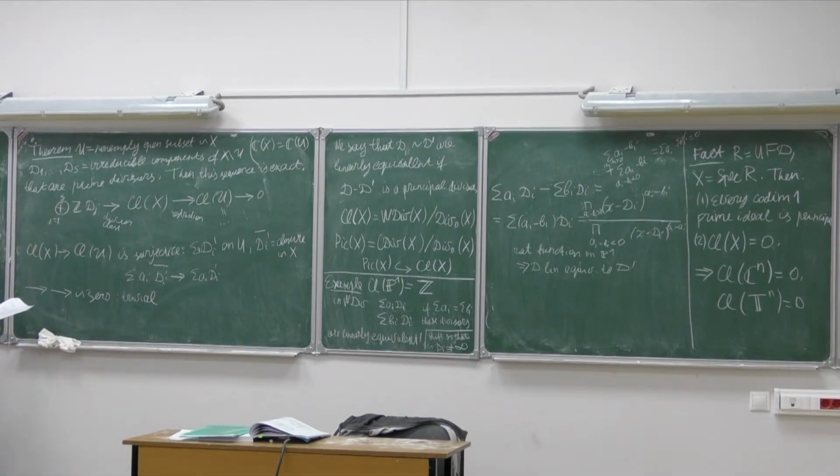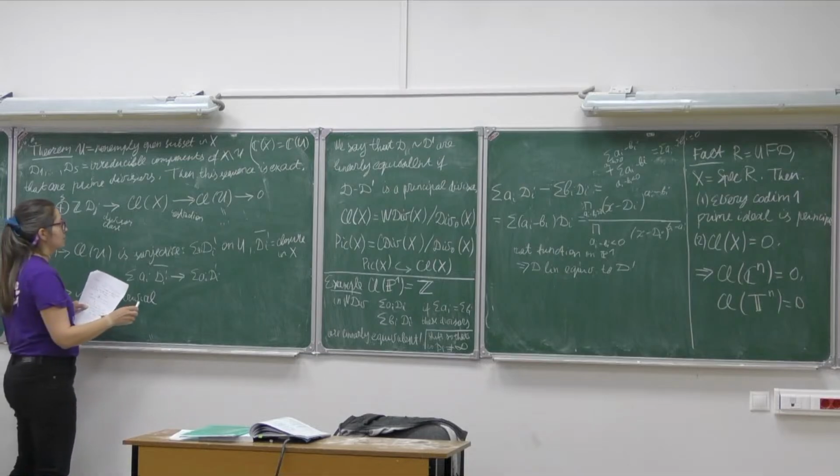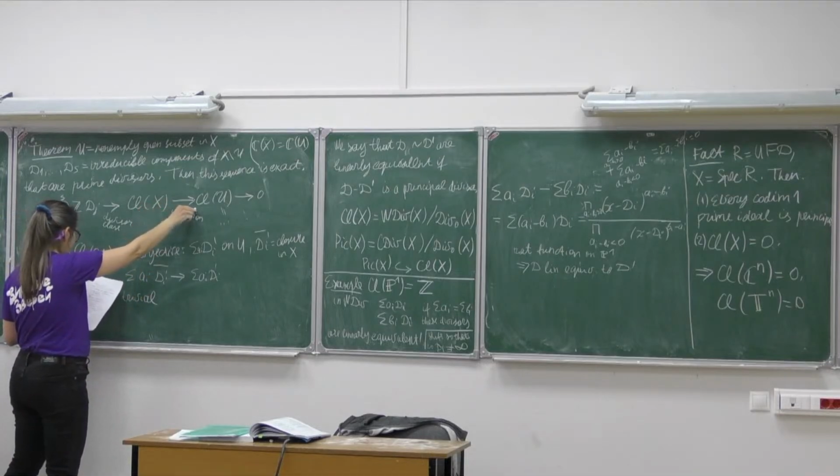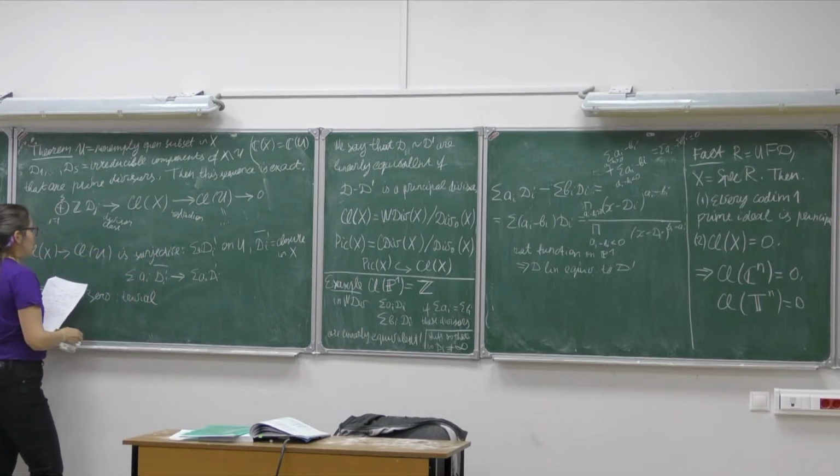And now we take any divisor which maps to 0 here and want to prove that it is of this form.